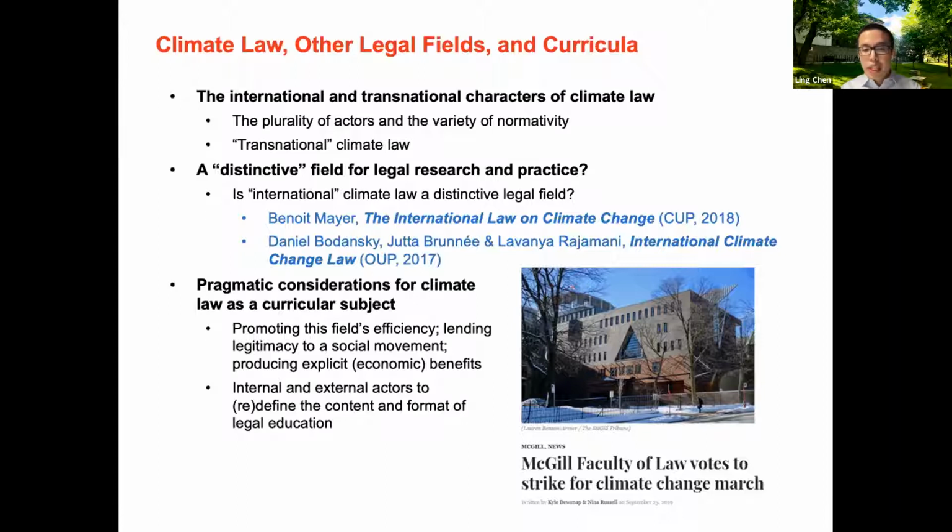Law schools are not the only stakeholders in legal education. Government actors, professional bodies, and civil society organizations may influence curricular subjects, skill set, and the balance of academic and practice-based training. Law schools are accordingly pulled in different directions given these internal and external actors who define and redefine the content and format of legal education.